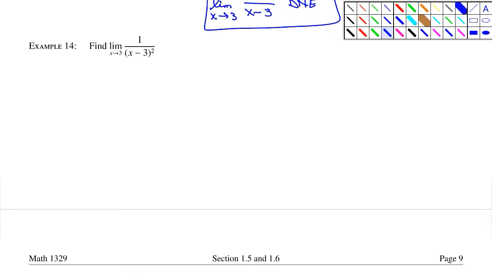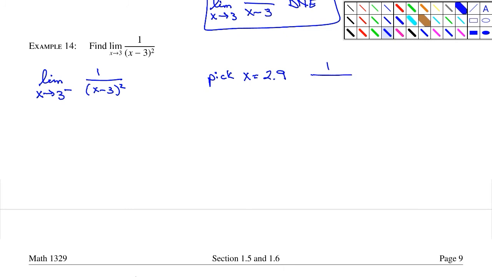Example number 14. Find the limit as x goes to 3 of 1 over x minus 3 squared. So if we try to evaluate at x equals 3, it doesn't work because we get a 0 in the denominator. So we need to look at the left and right limits. The limit as x goes to 3 from the left of 1 over x minus 3 squared. So I'm going to pick the same number as before. x is equal to 2.9.